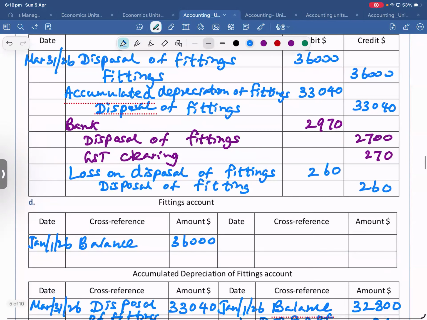Right. So what's the narration, guys? Cash sale of fittings. Receipt 96.